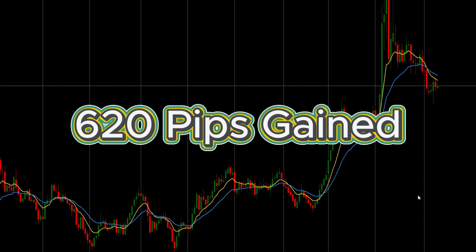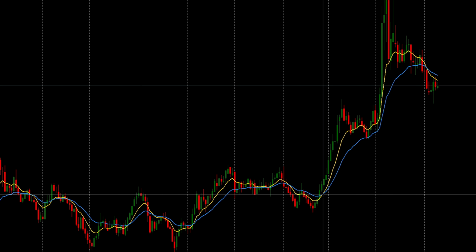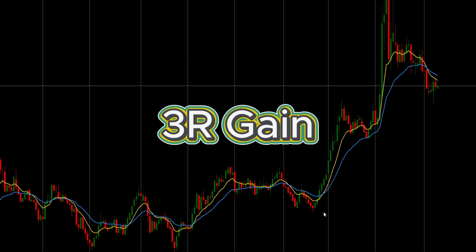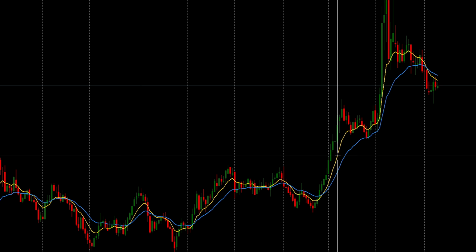So you can see there that if you put on a 1% trade on this one, we would have made about 3R roughly on that one. So 1% turned into 3% over a few days, but trailing each day.